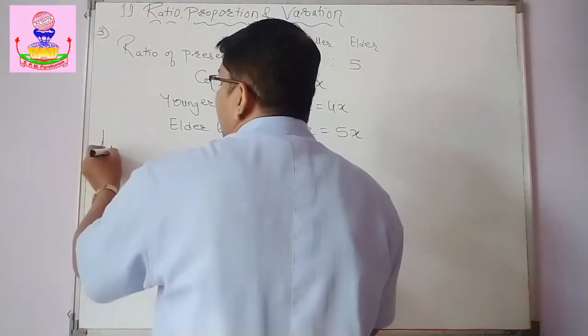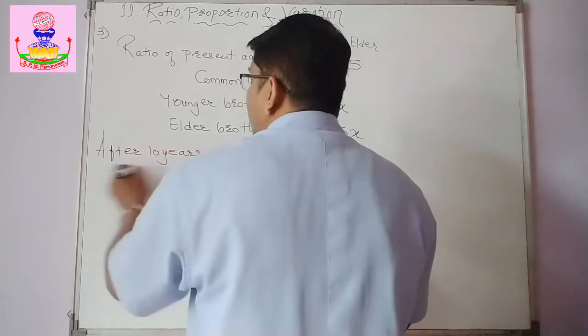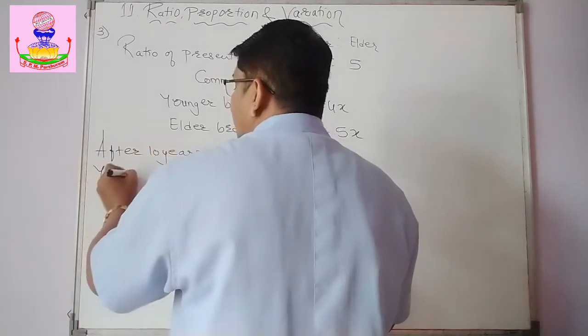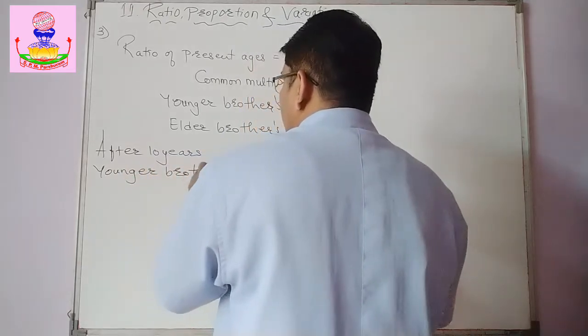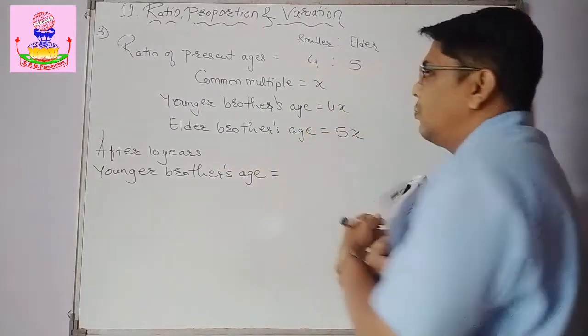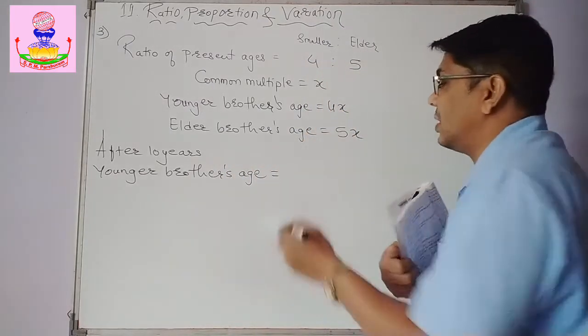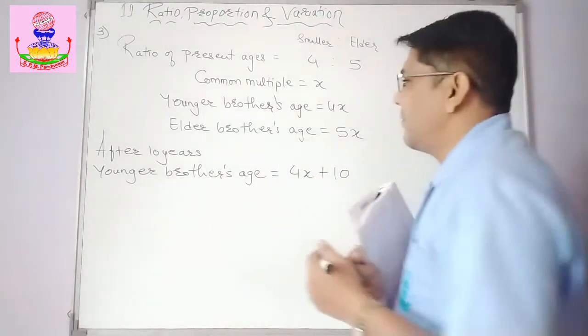So after 10 years, younger brother's age: how much is it now? 4x. So how much will it be after 10 years? 4x plus 10 exactly. Okay.